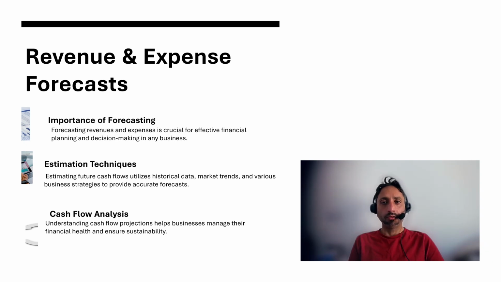So the income statement is basically revenues and expenses. We look at how much our revenues were during the current year, how much our revenues were over previous years, and based on that, what we expect the trajectory of our revenues to be in future.